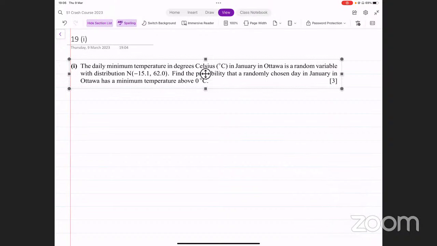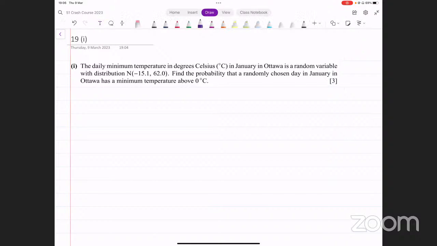It says the daily minimum temperature in degrees Celsius in January in Ottawa is a random variable with distribution N(minus 15.1, 62). Remember what these numbers used to mean? N stands for normal distribution, so they're telling you that the temperatures follow normal distribution.